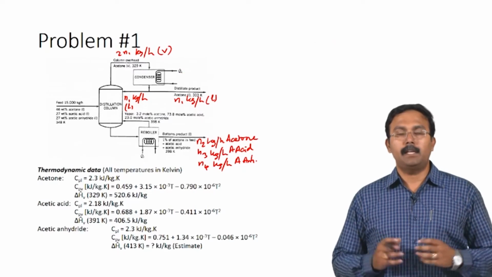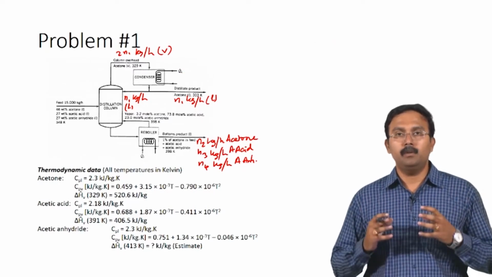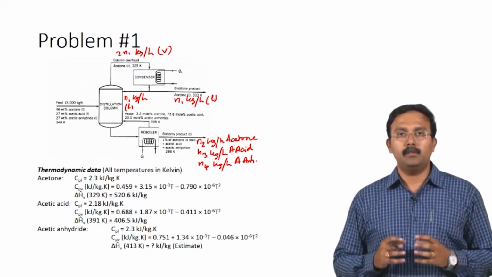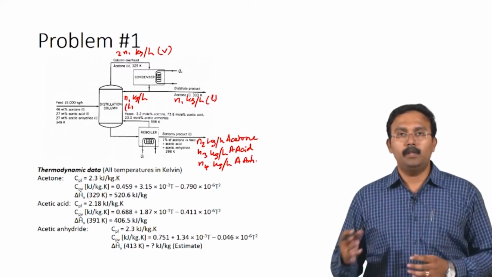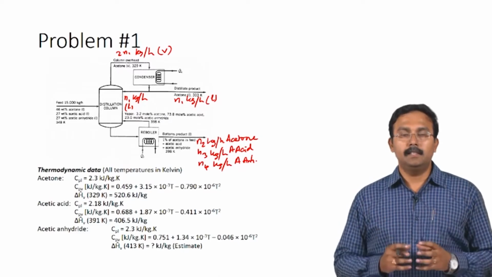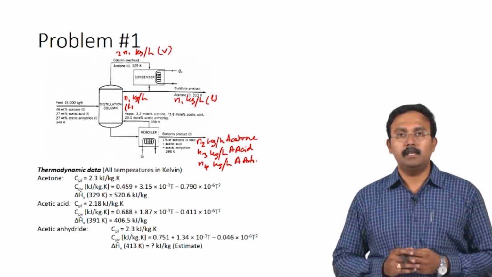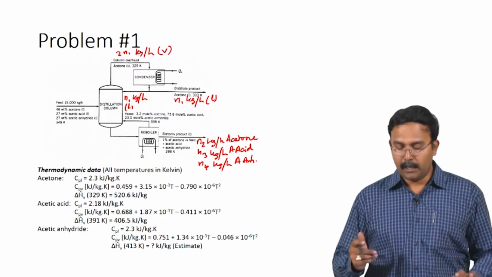Now that we have performed the calculations for the second part, we can move on to the third part, where we have been asked to calculate Q dot R, the heat supplied to the reboiler. This has to be done using the overall system for the energy balance.